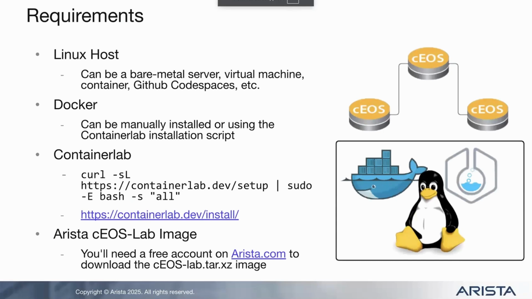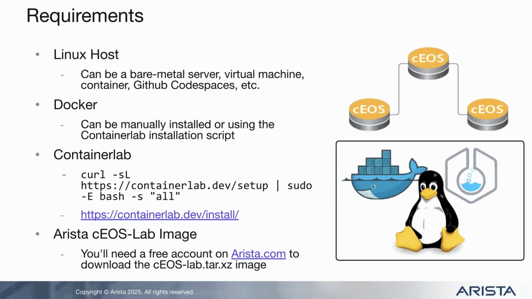So in order to prepare the environment, we need to make sure that it meets some requirements. First of all, since Containerlab is a Linux application, we need to have a Linux host, which could be your own computer, a server, a virtual machine, etc. Then we need to make sure that Docker is installed to create and manage the containers.